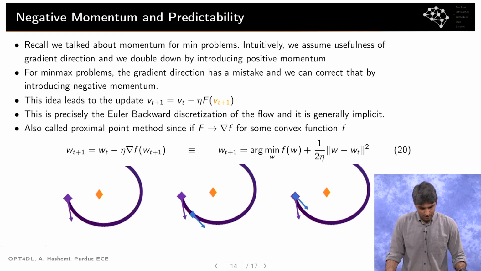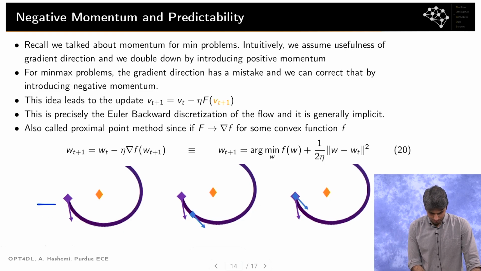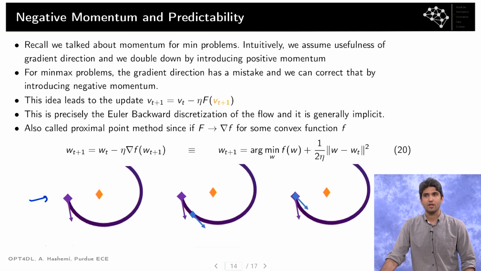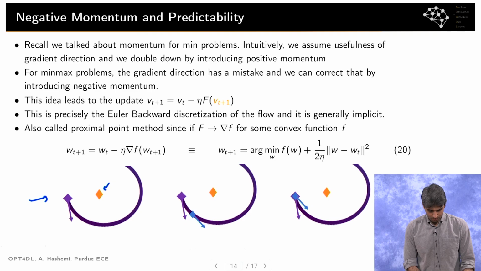Well, let's try to look at this figure. Think of this as the dynamics associated with a general system that could have both symmetric and skew-symmetric components in the Jacobian. Now let's say this diamond is my stable point, and this is where I start. The direction of the gradient is not useful. The direction of the flow is not useful, and if I follow this direction, I'm going to circle around the equilibrium and even potentially start to go further and further away.